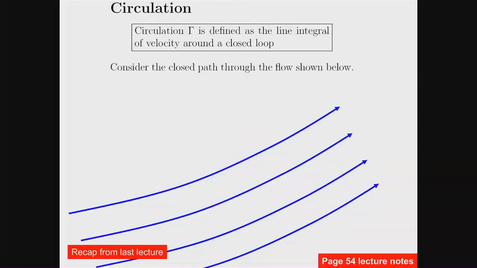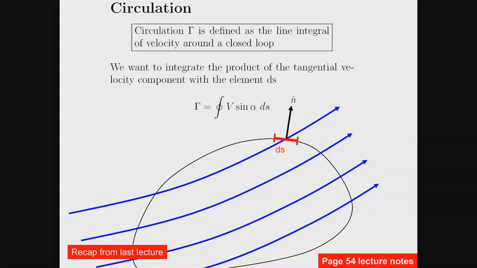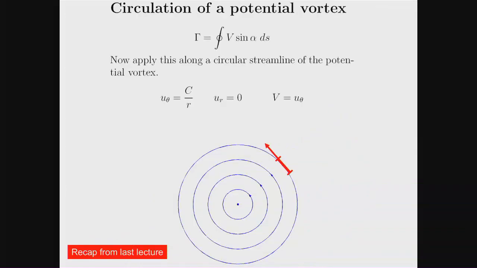Right, and circulation gamma, we've defined it as the line integral of velocity around a closed loop. For our potential vortex, it's a bit easier, because our velocity u theta is always parallel to the streamlines.